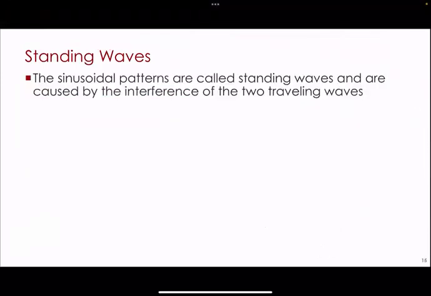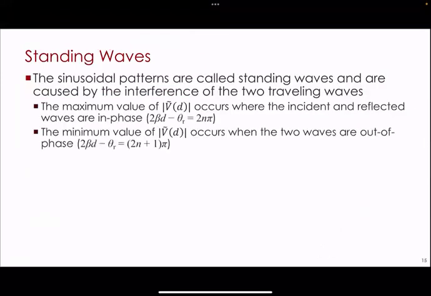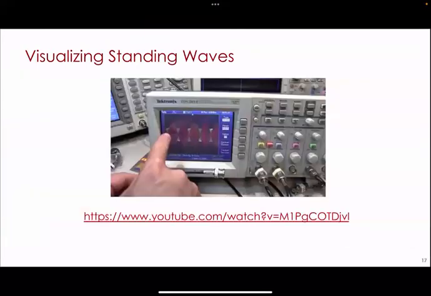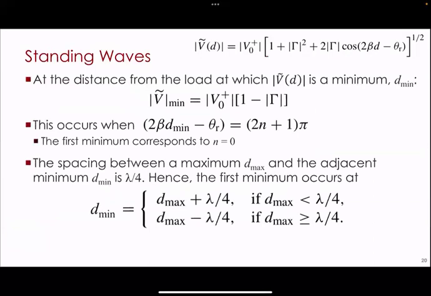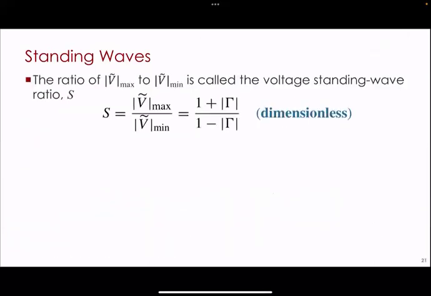Okay. So I'm just going to jump ahead here for a second because we were already talking about this. We're going to come back to this here. So we already did a calculation with it. Here's the definition. Vmax divided by Vmin.